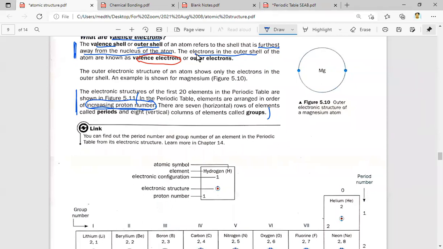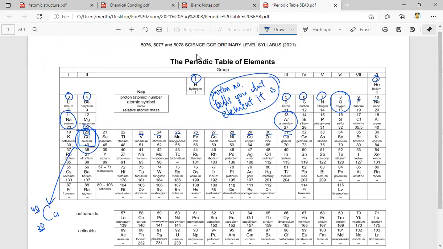Now, to help everyone identify the elements faster, they are arranged in what we call periods and groups. Periods are the horizontal rows, groups are the vertical columns. So go back to here, you realize there's a word group over here. How many groups are there in the periodic table?